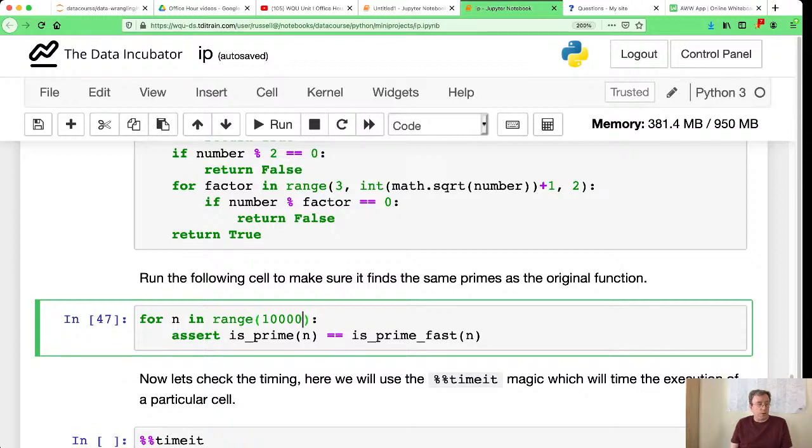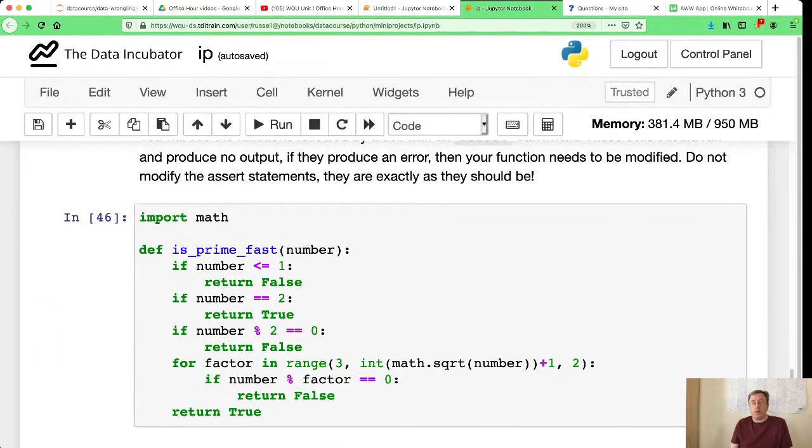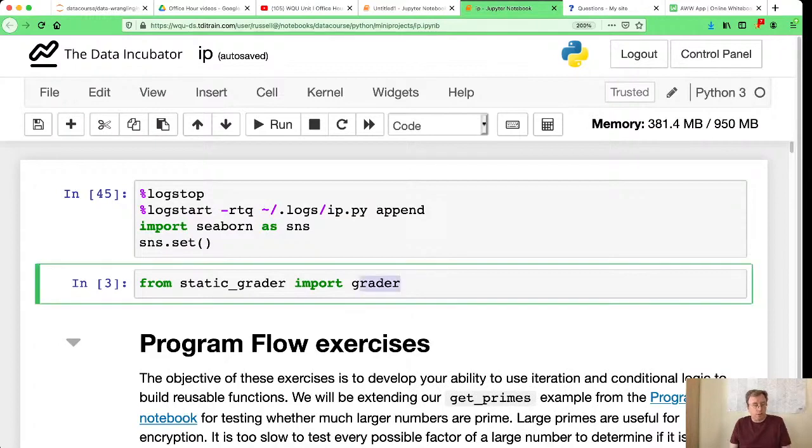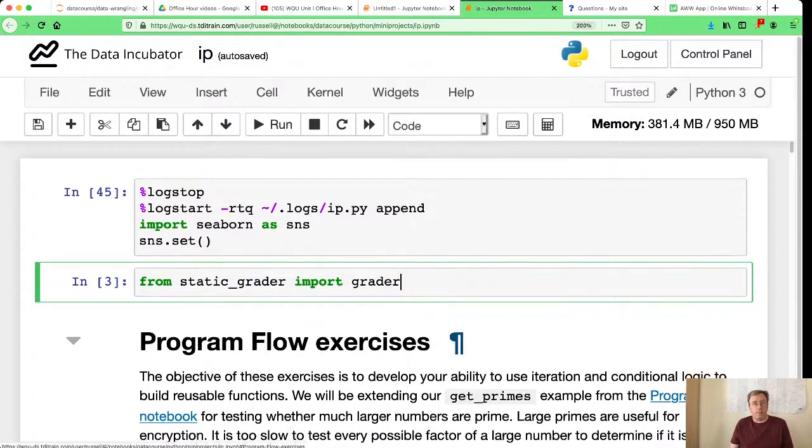So a couple of questions again. The live stream is recorded. You can find the recordings linked from your Jupyter pod. How do you run the grader? Well, you have to make certain that you import this library. You import the grader. This is our grader that we have written.